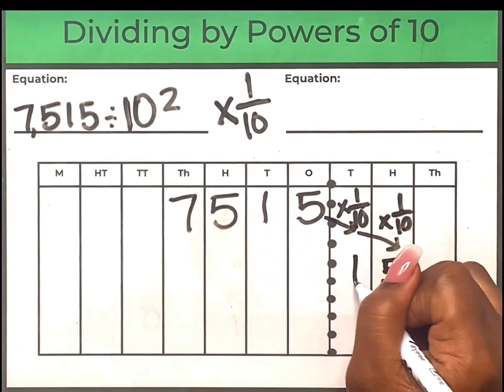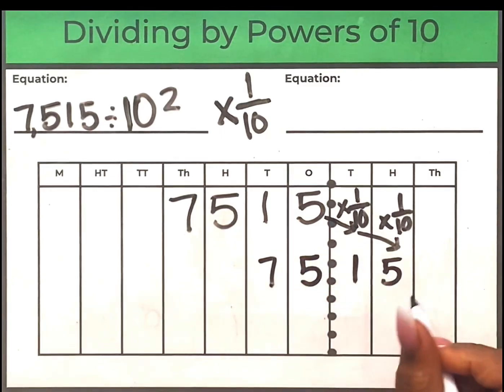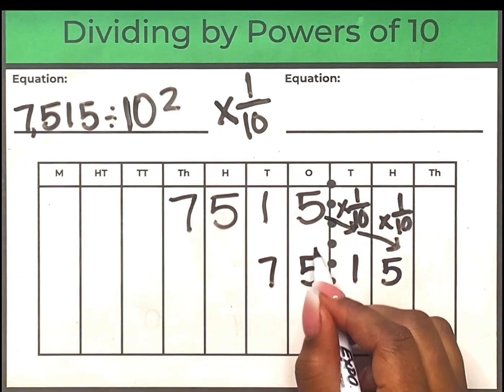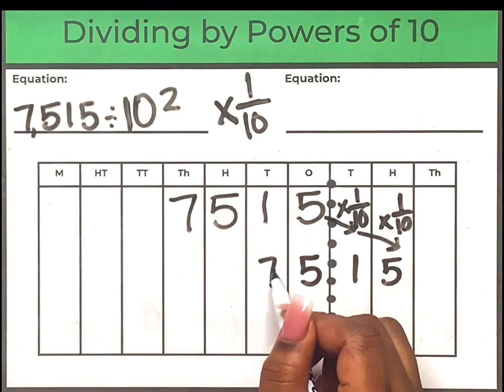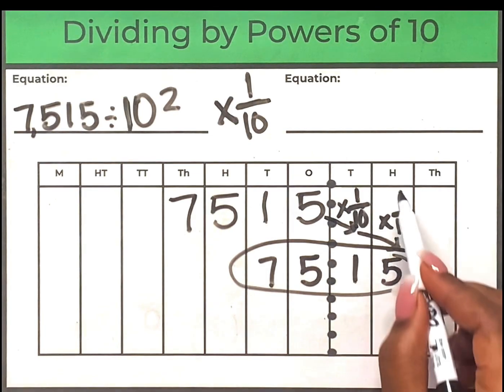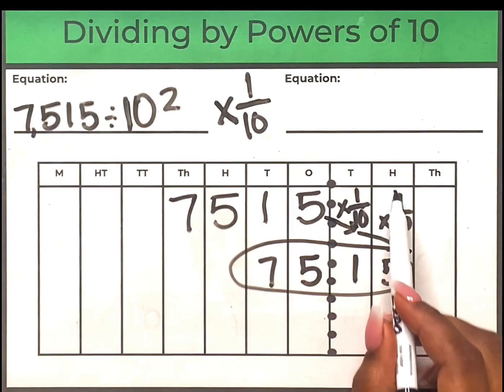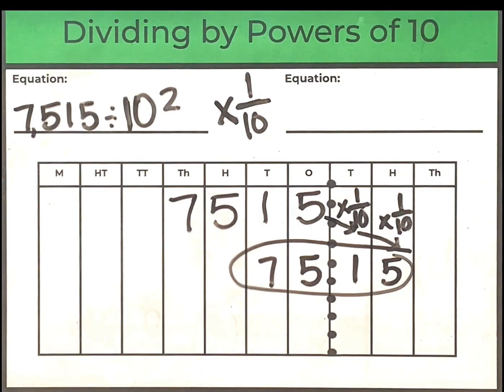The 1, 5, 7. The 1's in the tenths. The 5's in the ones. And that 7 is now in the tens place. Circle our final answer. And now we're going to read it correctly. 75 and 15 hundredths. Great job.